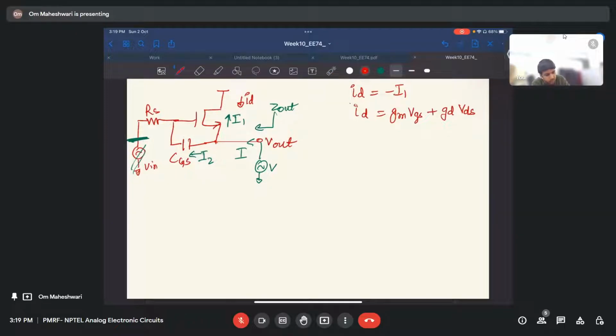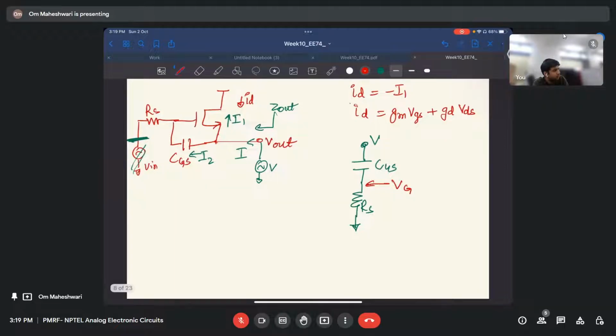Let me draw it like this: CGS and RS. Here it is V, here it is ground. We need to find the voltage here. Let us call it VG. It is just a simple voltage divider.